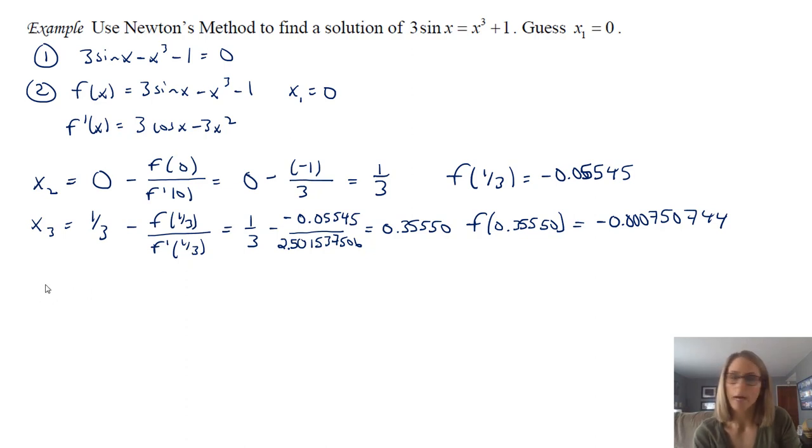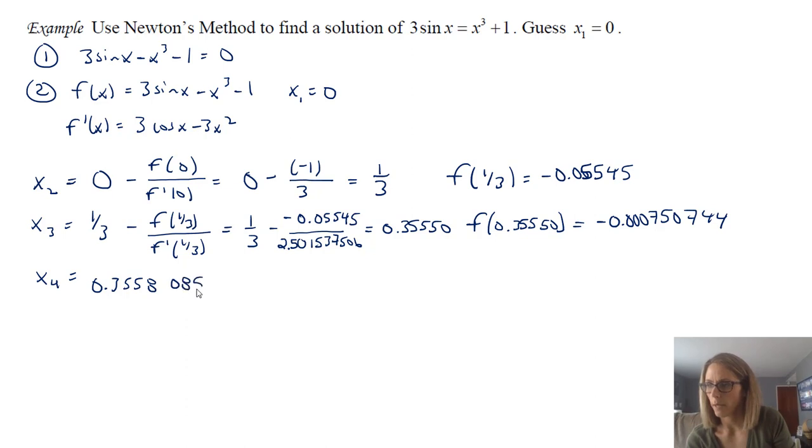That's the idea. If you want to practice it, do this iteration again. We are going to get x sub 4 as 0.3558, and it looks like I have a 4.